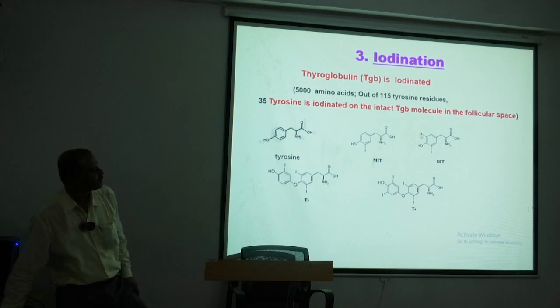If two iodine atoms are attached, it is called diiodotyrosine. Now, if one MIT and one DIT are combined, that is called T3, or triiodothyronine. 3 iodine atoms are there, you can see here. And if two DIT are combined together, then that is called T4.